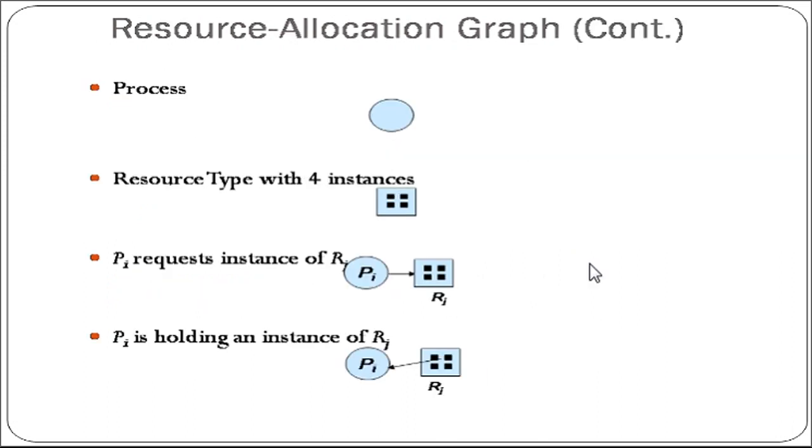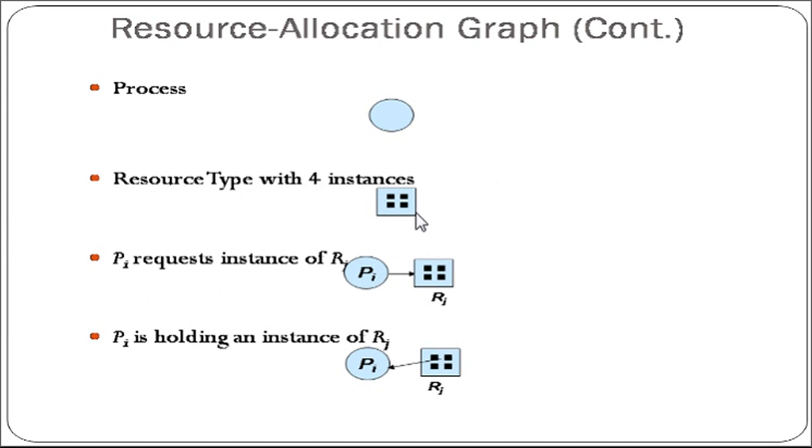Now processes are represented by circles and resources are represented by rectangles. If it is a single instance resource, at that time only a plain rectangle is used. But if it is a multiple instance resource, then the rectangle shows some dots, and those dots are nothing but the instances.